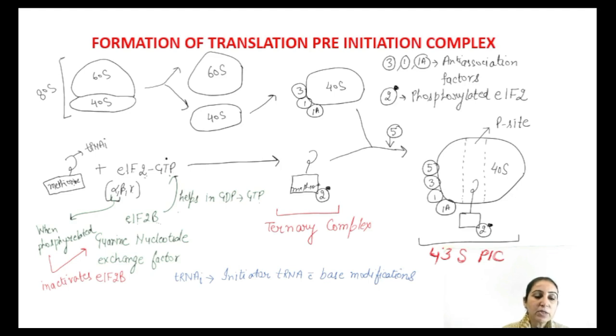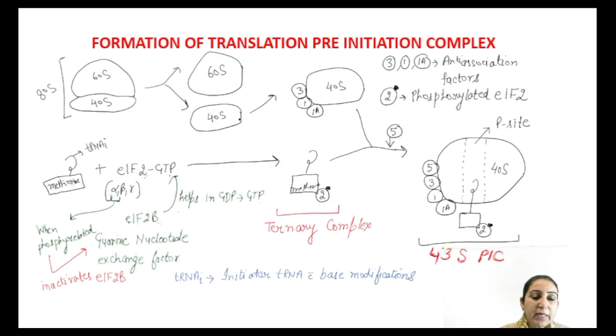So this is how the feedback regulation is present here. So first let's make the ternary complex. For that, our initiator tRNA that is bound to the methionine amino acid combines with initiation factor 2 in the GTP-bound form. So this is the ternary complex.